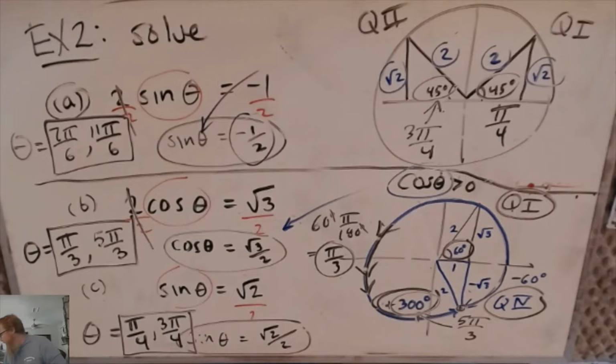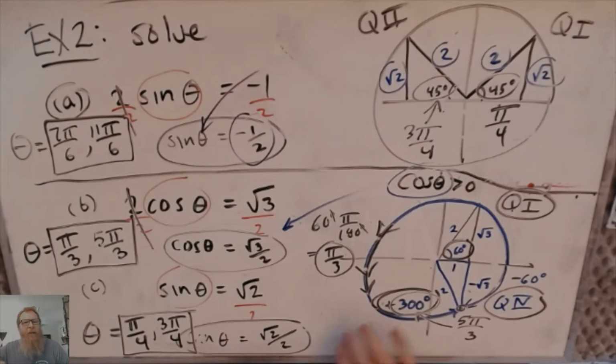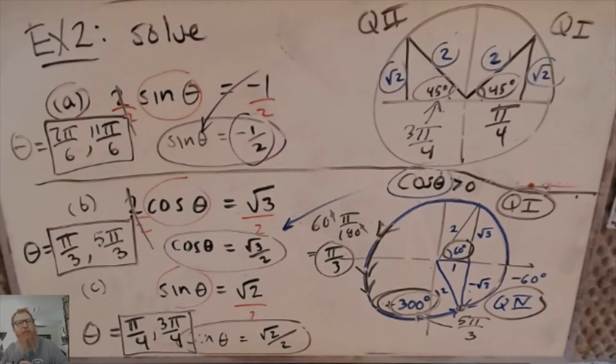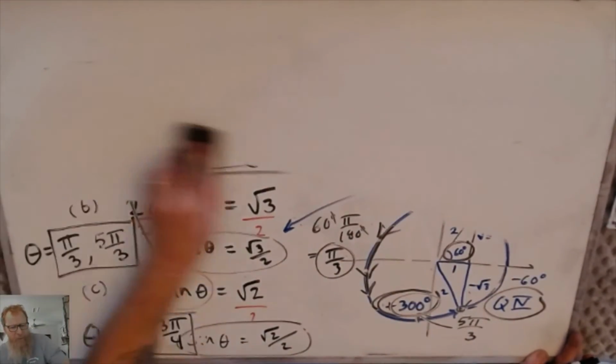I would say probably the first 10 problems on the homework are all based on the unit circle, and they're all special angles, 30, 60, 90, 45, one of those. They get a little bit worse or a little bit better, a little bit more interesting.